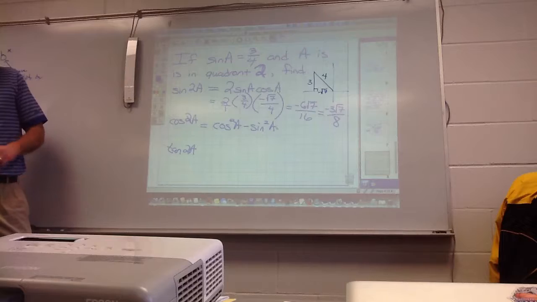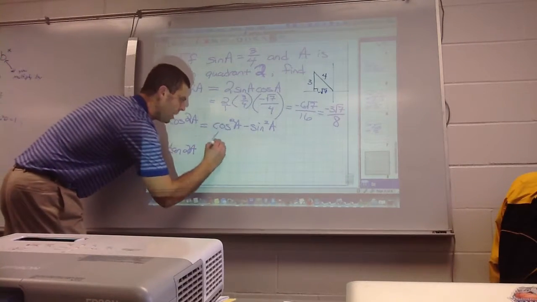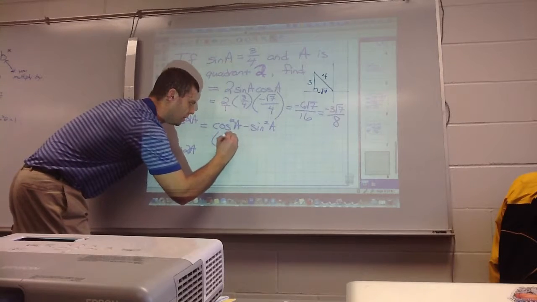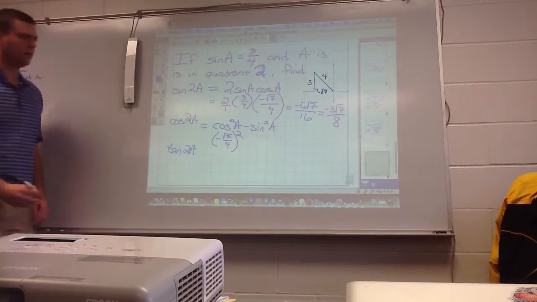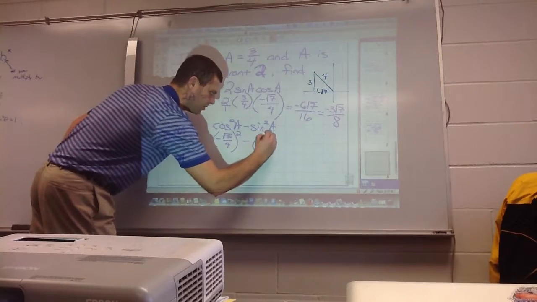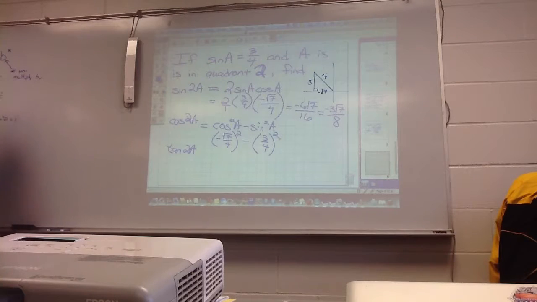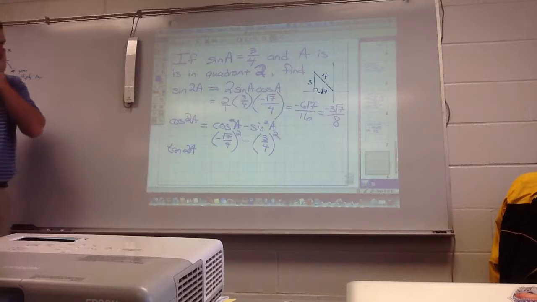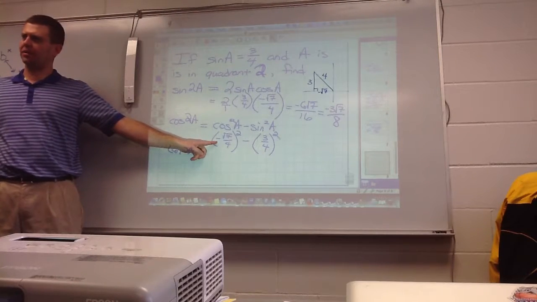What is the cosine of A? Negative root 7 over 4, right? So I have negative root 7 over 4 squared, minus 3/4 squared. Everybody see where we're getting those again? Yeah, from our picture. When I square a negative number, I'll always get a positive.